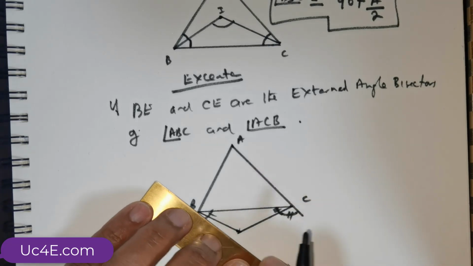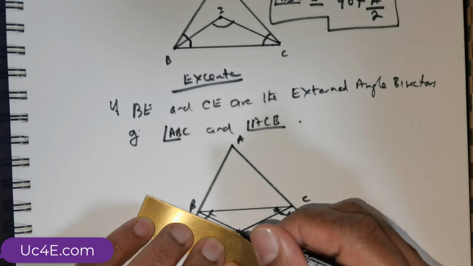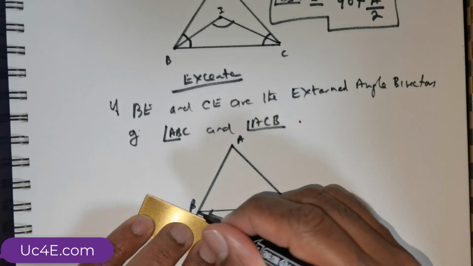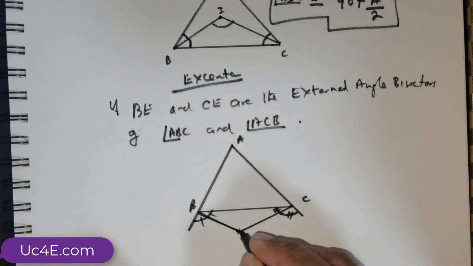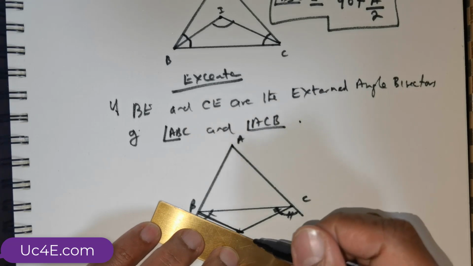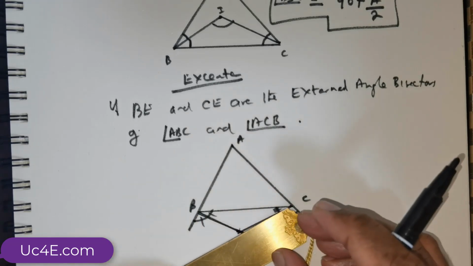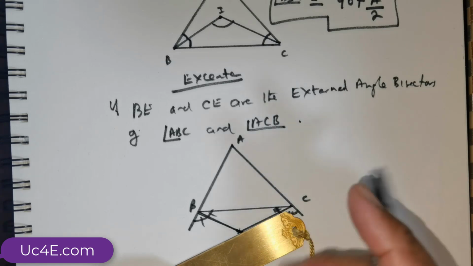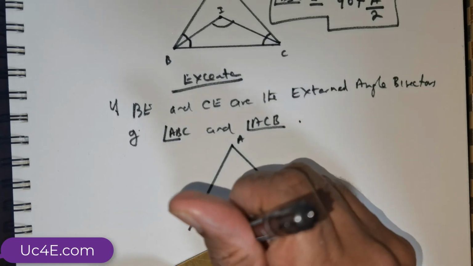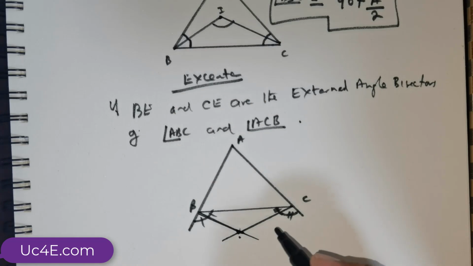Now this part is called the excenter, right? Probably you can extend this a little bit. This part E is the excenter, and this is an angle.